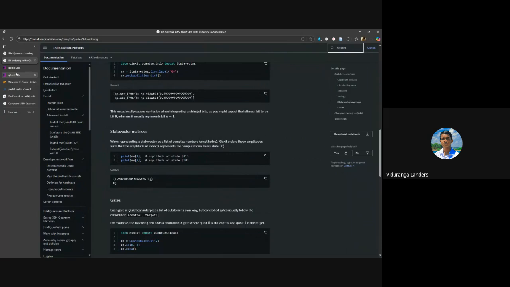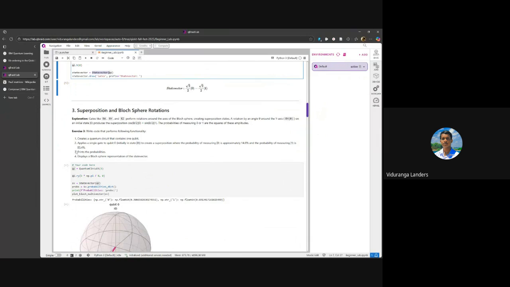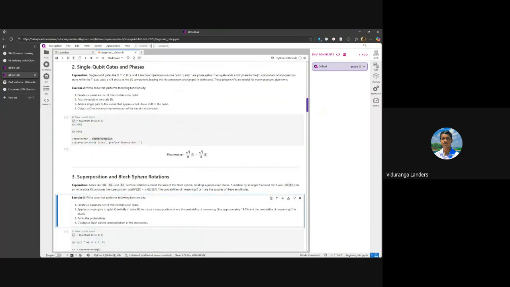Right. So back to our tasks. The third task is about superposition and Bloch spheres. Now we are no longer working with the standard Pauli XYZ gates because they have fixed rotations.